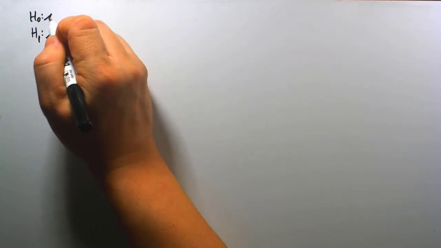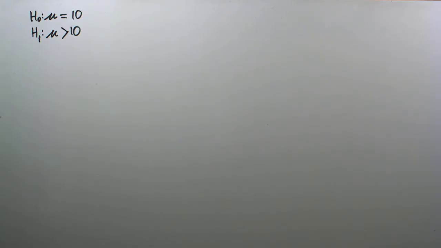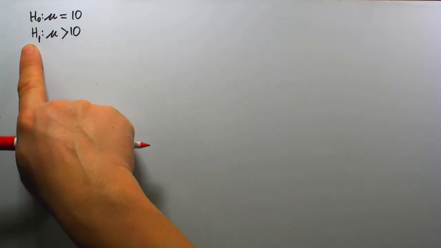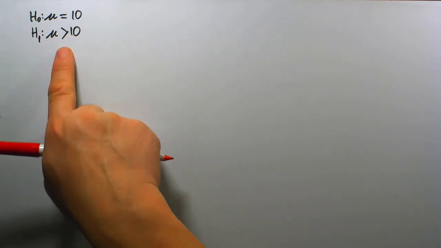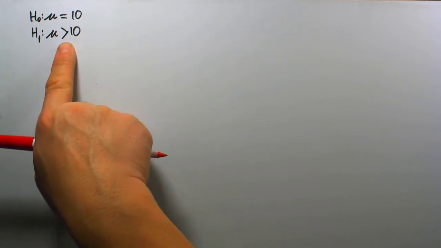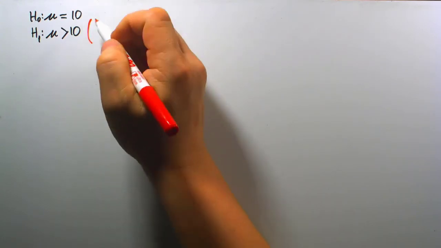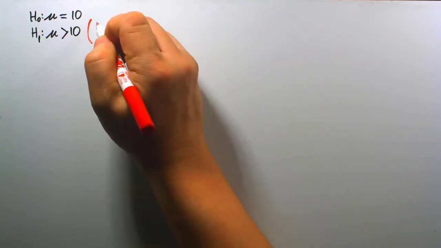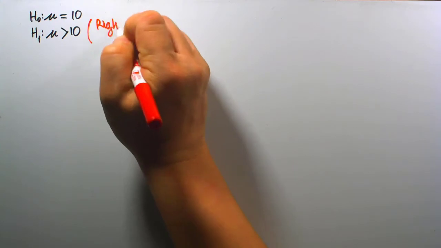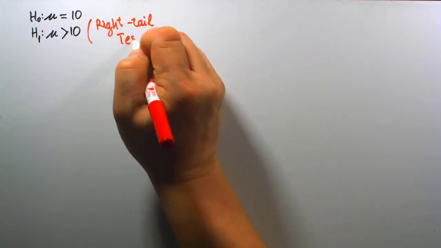So our statement becomes mu equal 10. Our alternative hypothesis here has the inequality pointing to the right hand side, or reading greater than. So the testing problem that we are doing will be carried out as a right tail test.